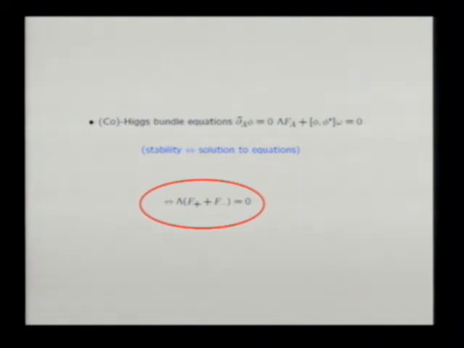So finally, let me just show you that there's a rather interesting set of equations, if you look at it this way, which is equivalent to the Simpson type equation on these co-Higgs bundles, and that is this: that we have these two different complex structures. We introduce a metric. We look at the curvature of each of these, and these equations here are equivalent to this set of equations here. So you take the average, if you like, of the two right-hand sides of the Hermitian-Einstein equations, and set that equal to 0.